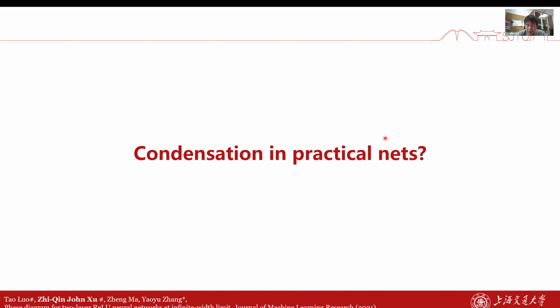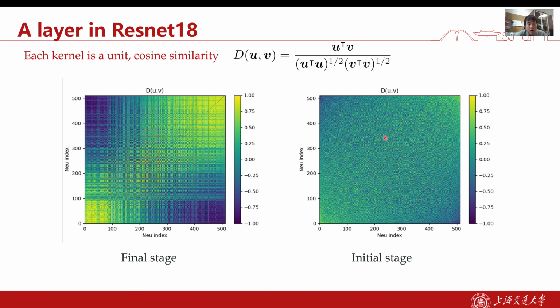And for practical nets, we want to ask if this condensation still happens, because for practical nets the initialization is not so small. So here's an example of a pre-trained ResNet-18. We download its weights to examine if condensation happens. We regard each kernel as a unit, plot its convolution weights into a vector, and then compute the cosine similarity between each pair of kernels.